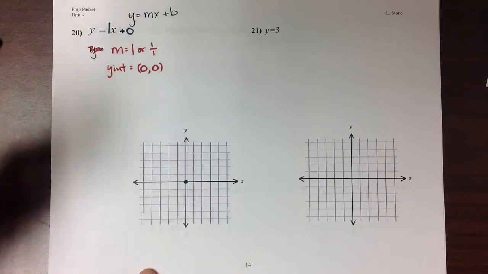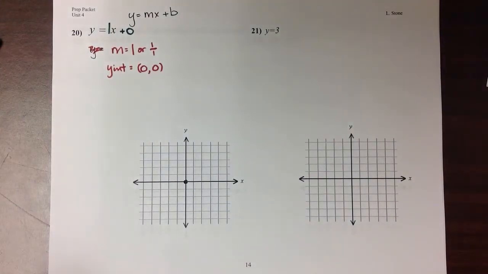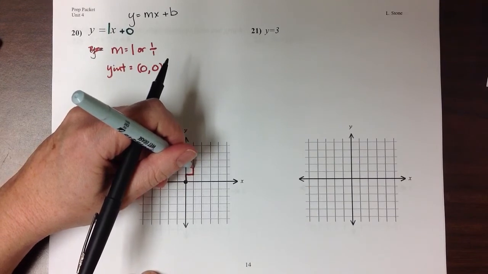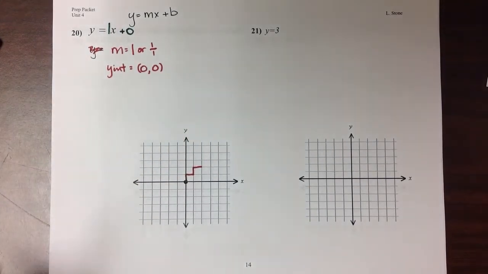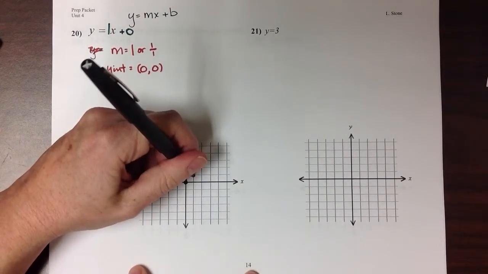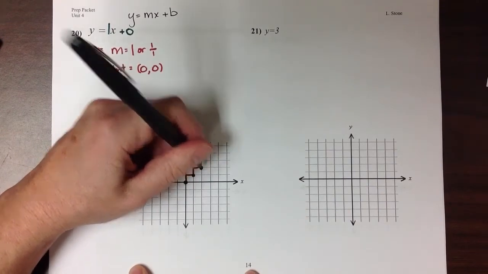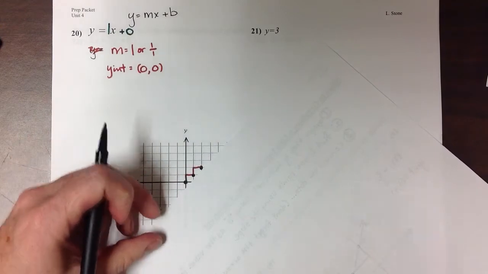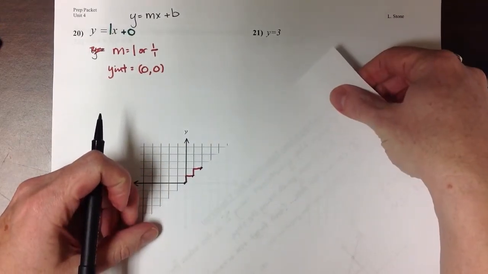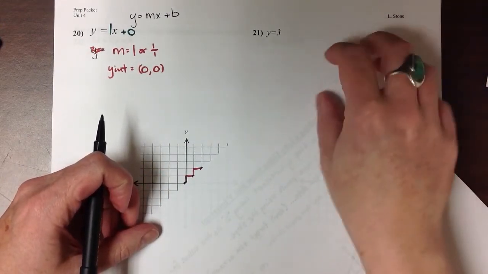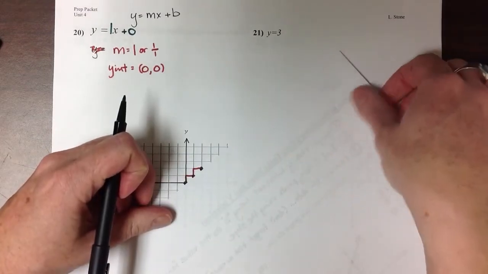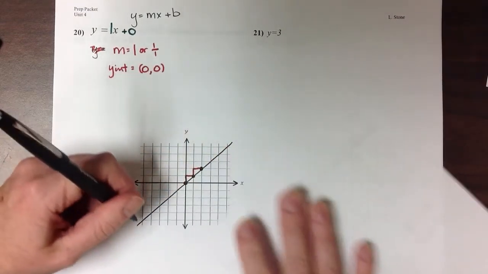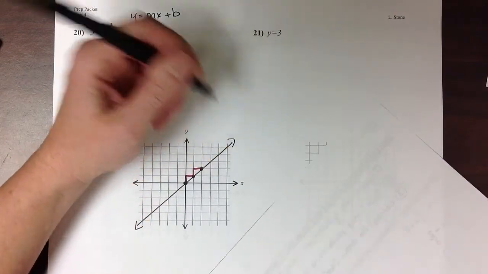So there's my y-intercept, up 1 over 1, up 1 over 1. My next 2 points fall here and here. Connecting the dots on my somewhat crooked graph paper gives me that line.